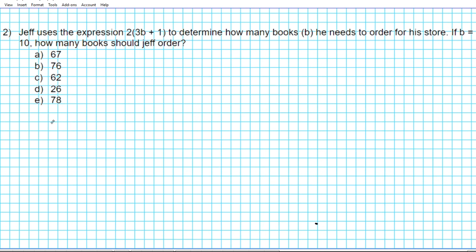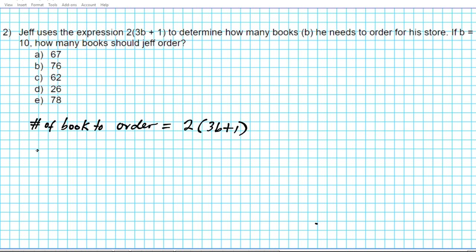So we could call it, number of books to order is 2 times 3b plus 1. Now, when b is equal to 10, we can use this expression to figure out exactly how many books Jeff should order.